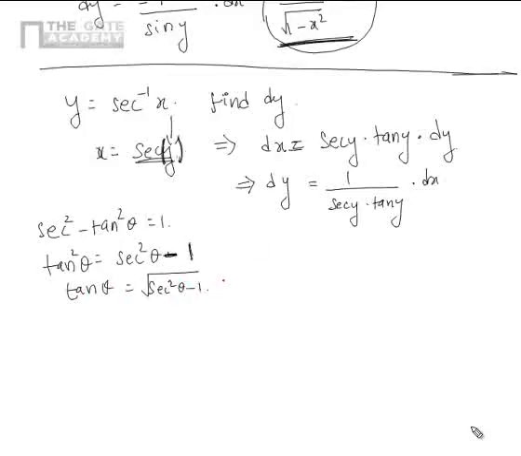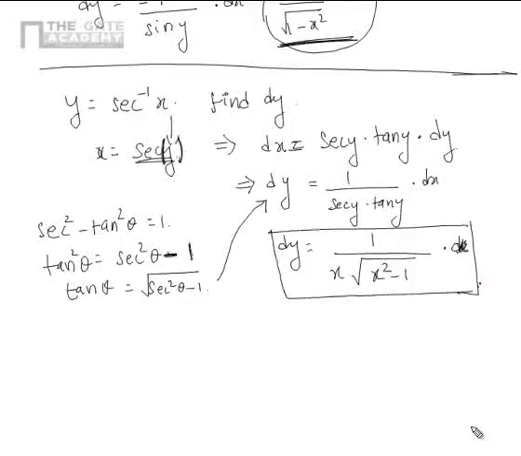So using this here, dy will become 1 by secant y, which is x, and tan y will be root x square minus 1, times dx. This is the answer. See how the structure is.